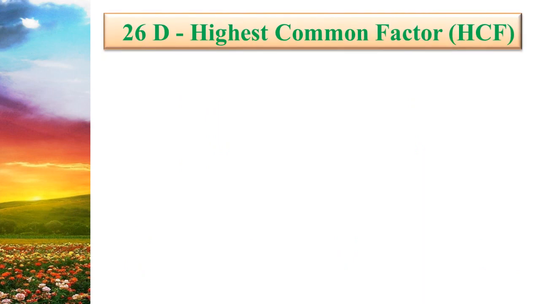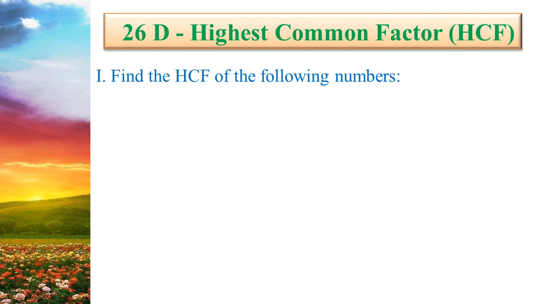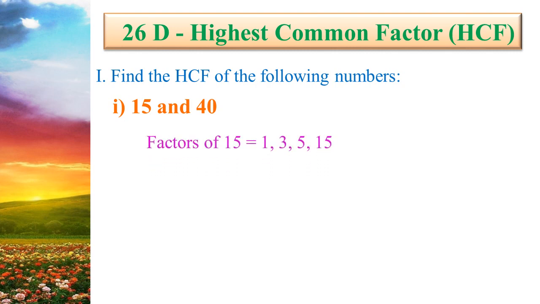Now we are going to see 26D highest common factor. So highest common factor means HCF. The first Roman, find the HCF of the following numbers. First question 15 and 40. Now we have to find the HCF of 15 and 40. Now we have to use the factors method. So first step, we have to find factors of 15. 1, 3, 5, 15.